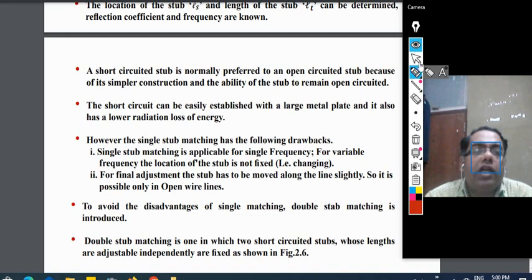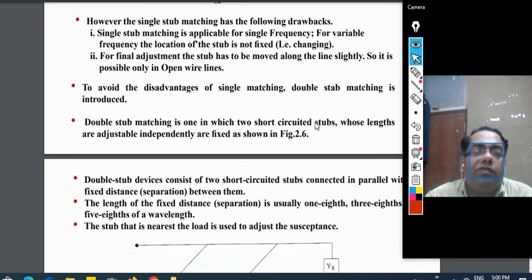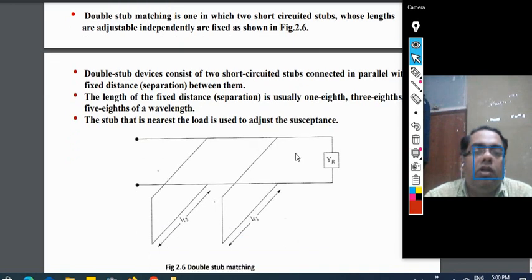We can just connect the stub easily and there is no radiation problem. If you keep the stub open, then there may be radiation problem. So short is generally preferred compared to open.